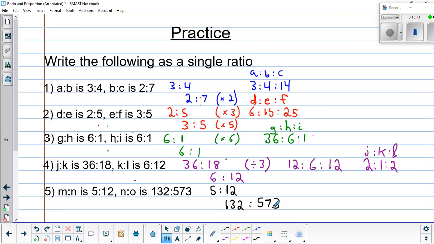So, I noticed that 132 is in my 12 times tables, so I'm going to times the top here by 11. And so I can write it as 55 to 132 to 573, and that's M to N to O. And this, can we simplify this?